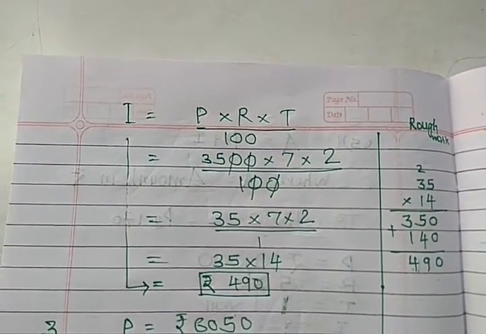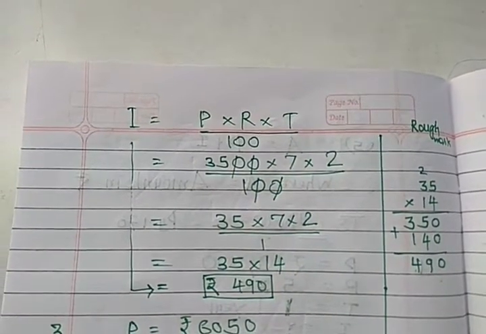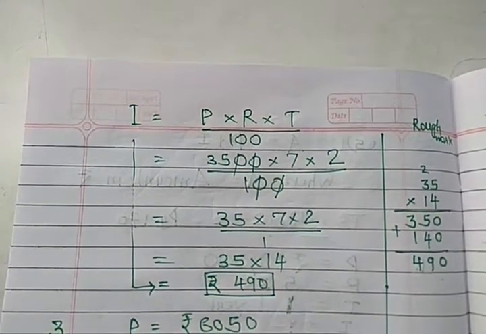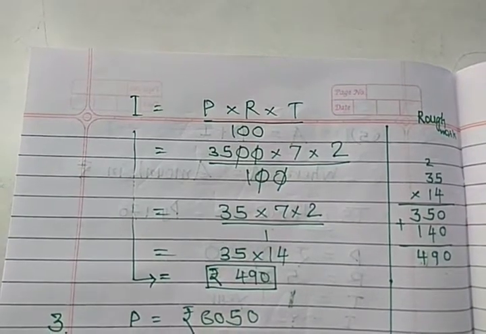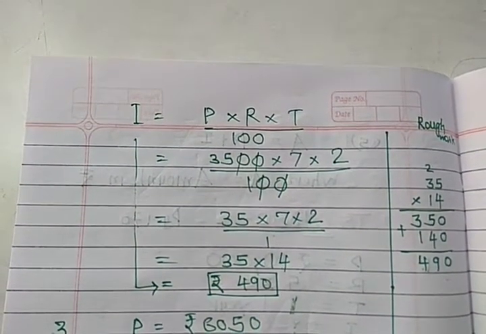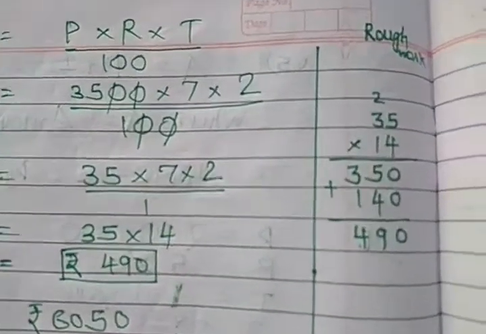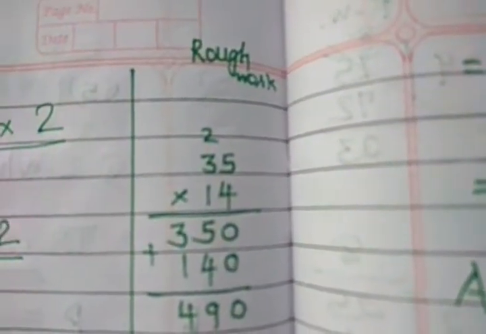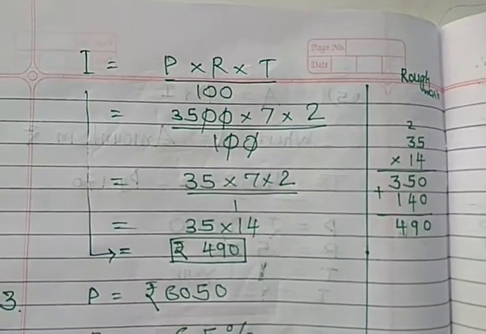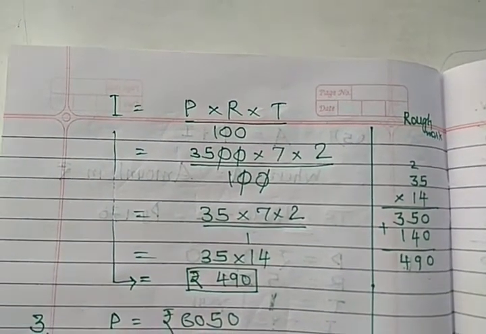Students, make a habit of doing rough work. Don't do rough work on the back side of the page; do it this way. See, I have drawn a margin on the right side and written the rough work there. Do whatever the corresponding rough work is there.